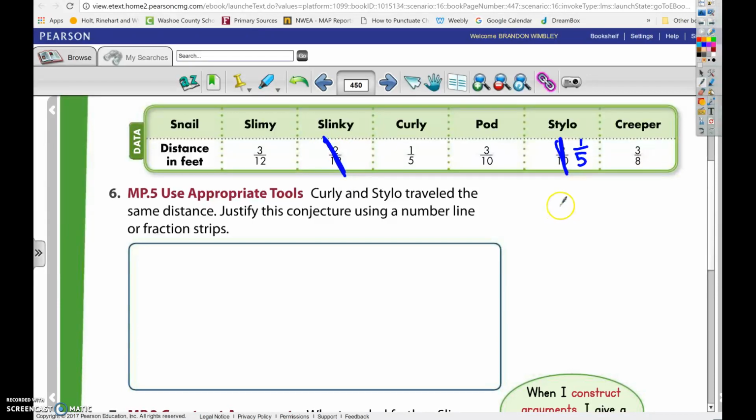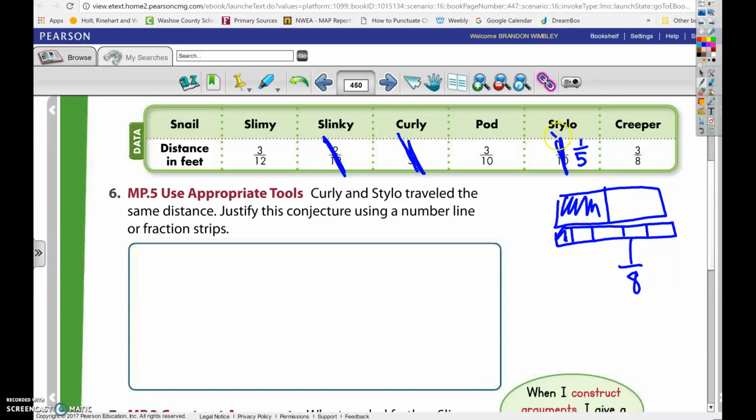And if I look at a model, I'm going to use my benchmark fraction of 1/2, and I see 3/8 is really close to a half because it is just 1/8 away. But 1/5 is really far away from a half. If I drew a 1/5 here, that would be 1, 2, 3, 4. See how far it is? So I know I can get rid of that. I also know then Stylo is gone.